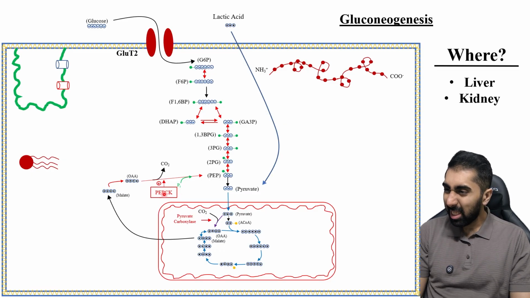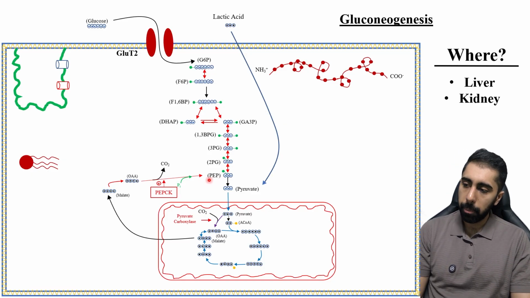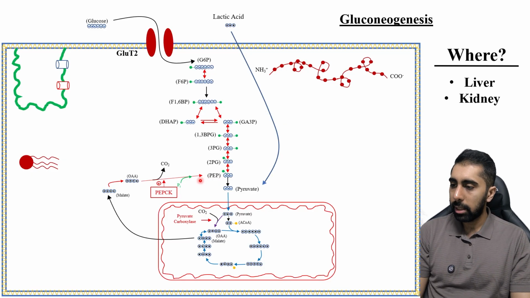This very important, key regulatory enzyme helps oxaloacetate turn into phosphoenolpyruvate. So we have phosphoenolpyruvate now. It can easily turn back into 2-phosphoglycerate, 3-phosphoglycerate, 1,3-bisphosphoglycerate, DHAP and glyceraldehyde 3-phosphate, fructose 1,6-bisphosphate, and we have another irreversible black arrow here.